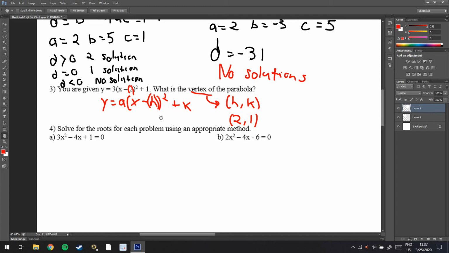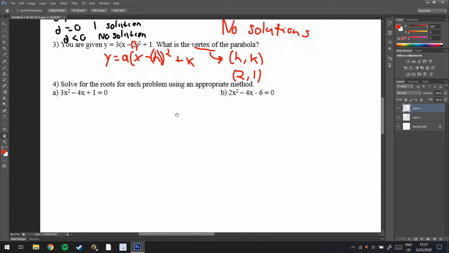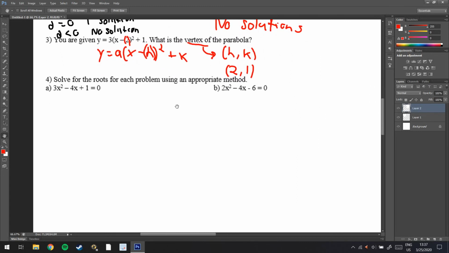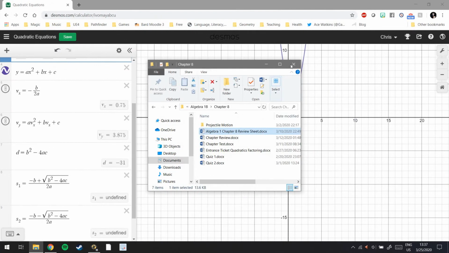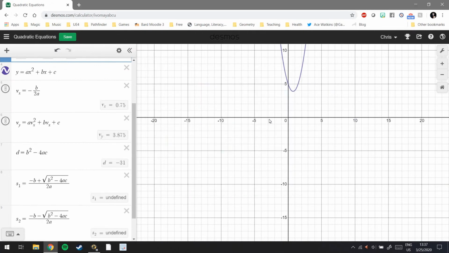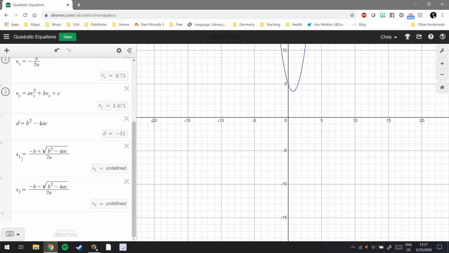Now, for 4, all we are doing is looking for roots. Remember, roots are also solutions or zeros. So you are trying to find, let me go back to the other graph, the points where a parabola intersects the x-axis, which we know from S1 and S2.